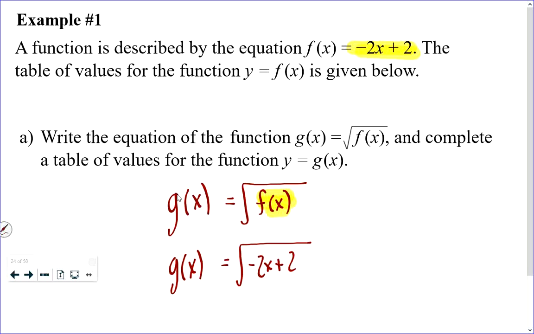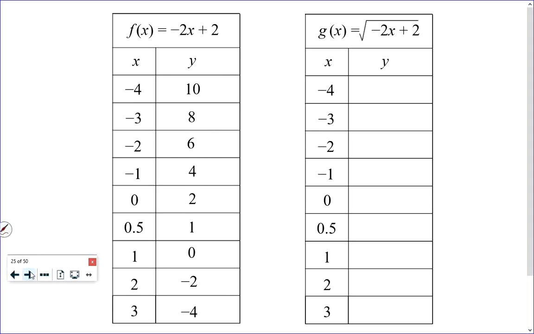But that's not even a Math 30 idea. I'm just saying we're taking the square root of the old function. So let's complete the table of values. And I would like exact results here. So if you end up with the square root of 7, and you're probably not in any of these, if you end up with the square root of 7, then you need to write root 7.